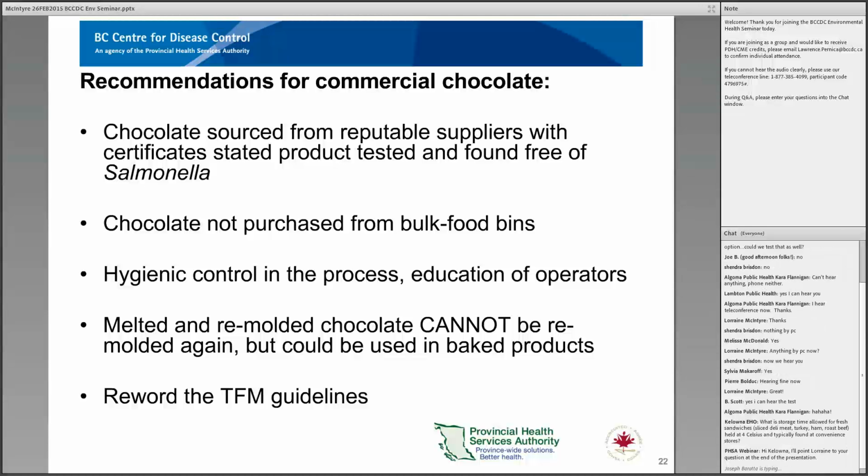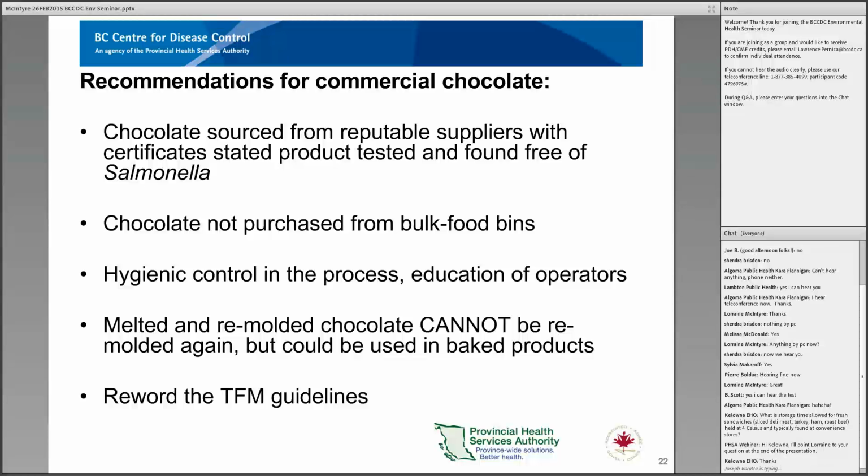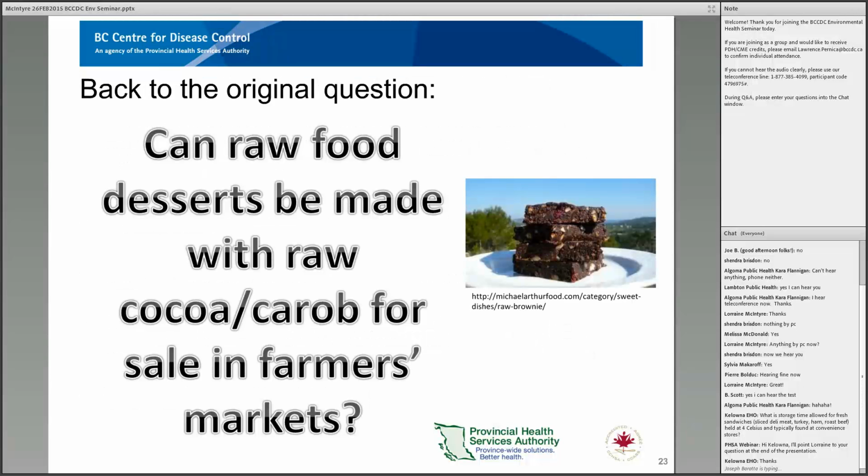We want the operators to be educated about the risks and to have hygienic control. We also recommended that if they have to unmold the melted and remolded chocolate and want to rework it again, that means there's been some significant handling, and we would prefer that chocolate only be used in baked products. And we reworded the guidelines as you already saw.